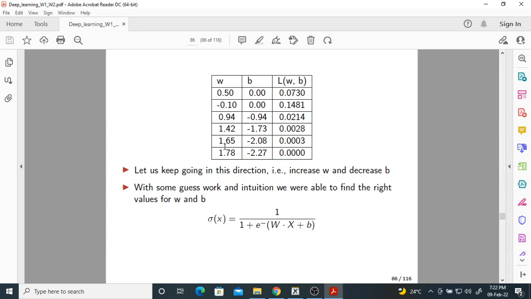Now what we do is we increase W and decrease B. Increasing W positively, decreasing B negatively. If you do so, at some point you get almost zero error or zero loss. It is everything about guessing. There is no specific rule for this.